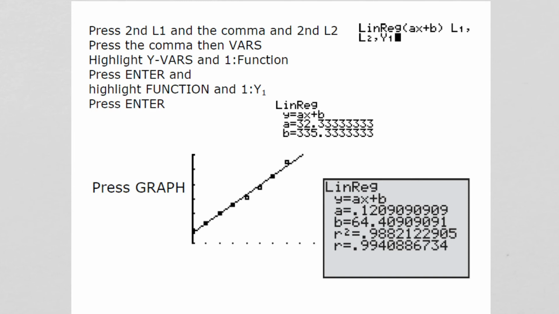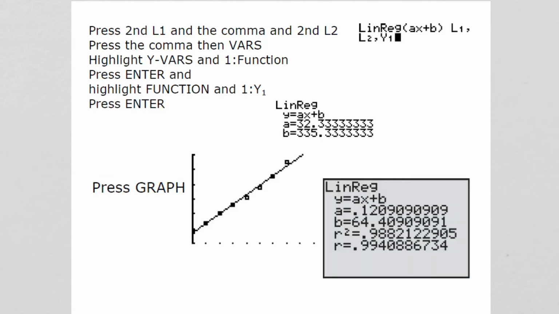So what this is going to do is take our data and graph it in our calculator for us under Y sub 1. When you hit enter, you get a and b. So a is 32.33, b is 335.33. That is for this particular line.